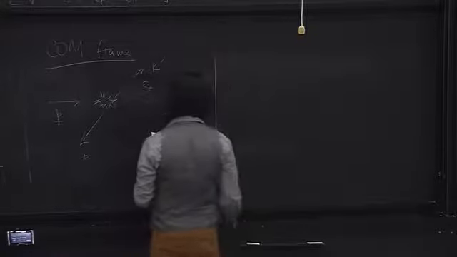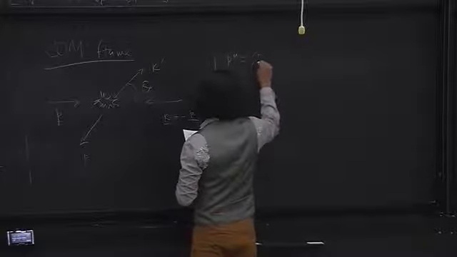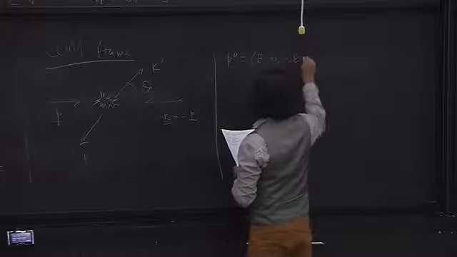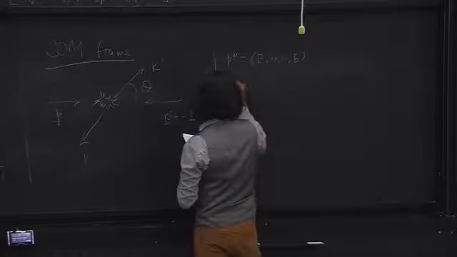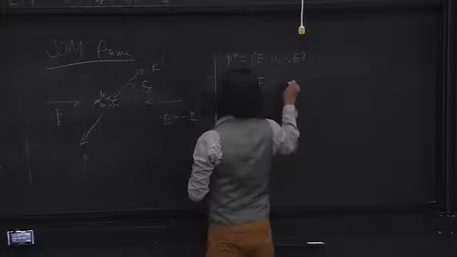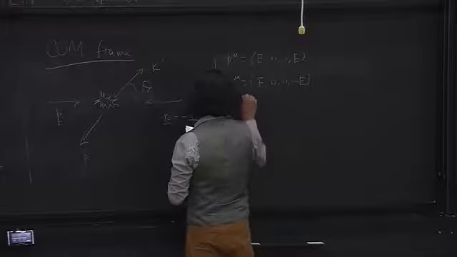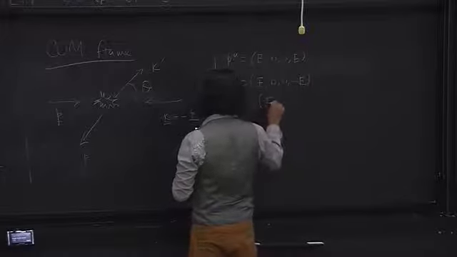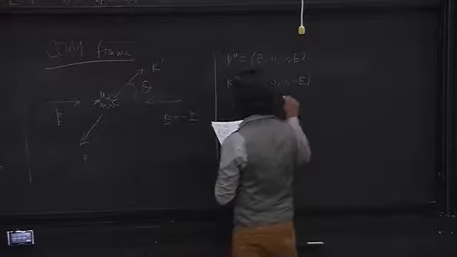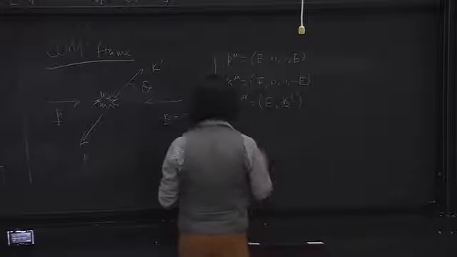So we are now doing kinematics. So P mu, because we are in the center of mass frame, and we're ignoring the mass of the electron, should have this form. K mu then should have this form. K prime mu, because it's an elastic scattering, the energy is conserved, and it has some 3-momentum in some arbitrary direction, K prime.